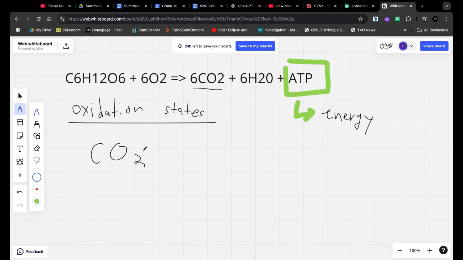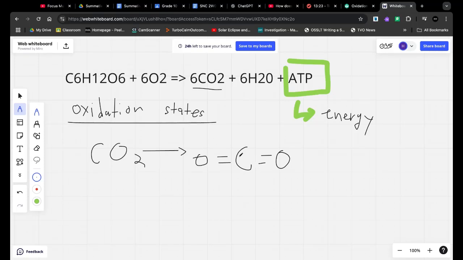So if I were to draw this out within a diagram format, let's do something like this, right? So basically, excuse me, the carbon needs a 4 plus charge, right? Basically to become stable, and then the oxygens need a 2 minus charge.